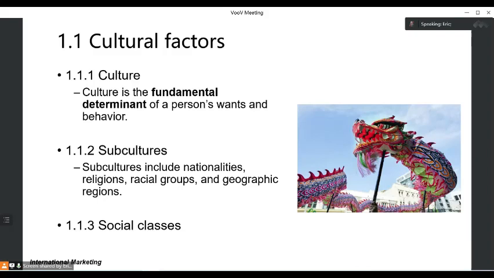And subculture. Because the market is huge, there are some subcultures, maybe including nationalities, religions, and geographic regions.